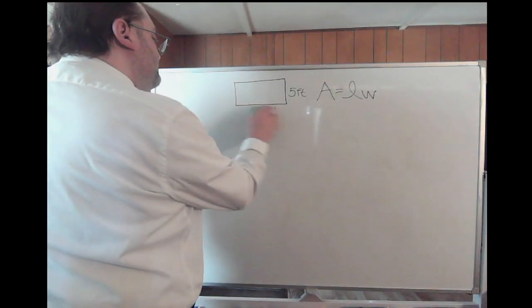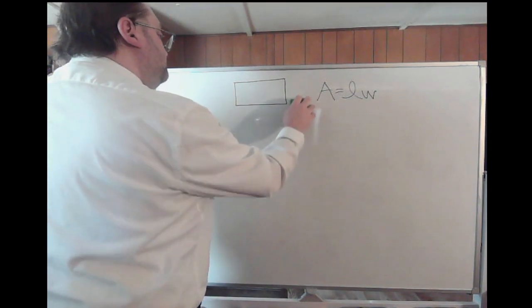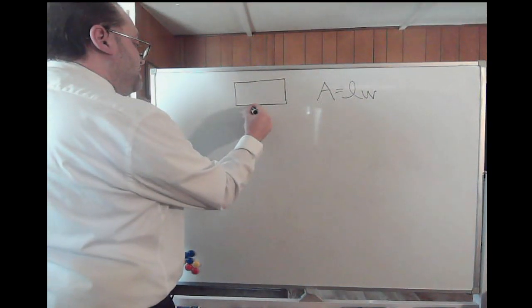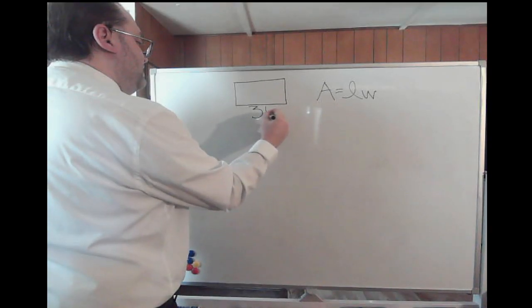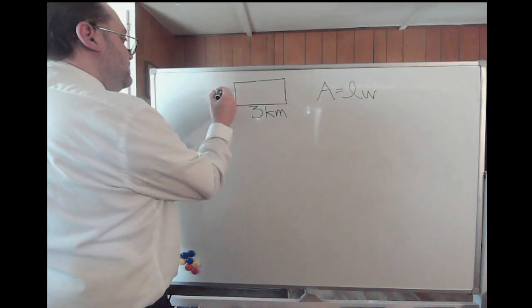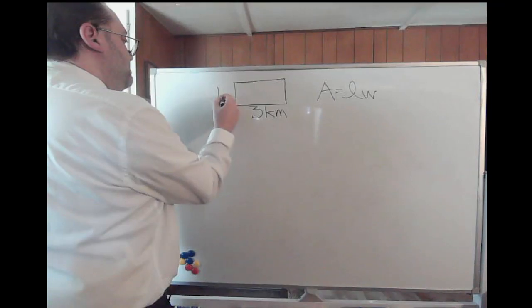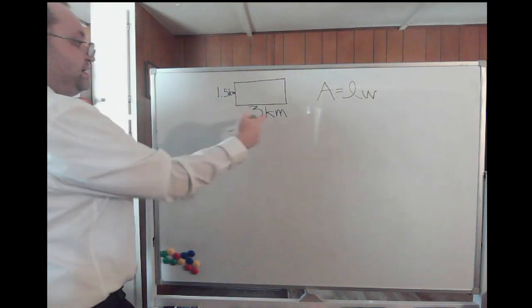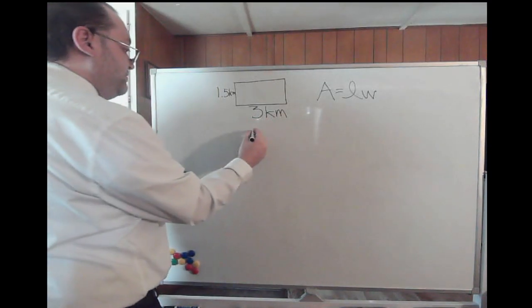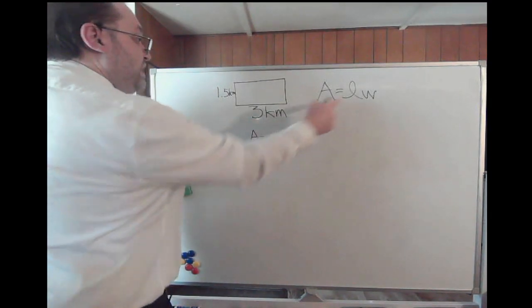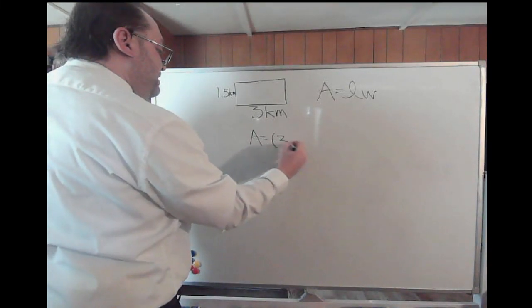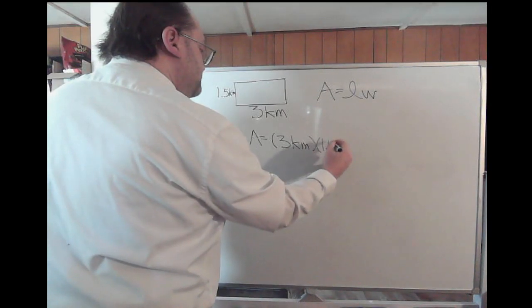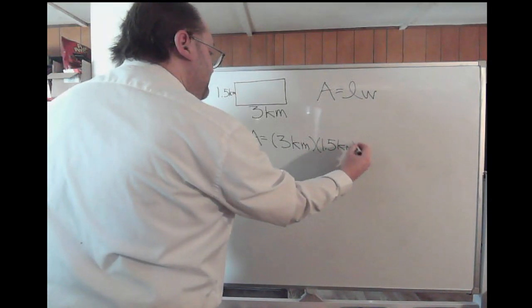Alright, let's say for this one we have 3 kilometers for the length. Then we have 1.5 kilometers for the width. So the area is your length times your width. That's just going to be 3 kilometers times 1.5 kilometers, right?